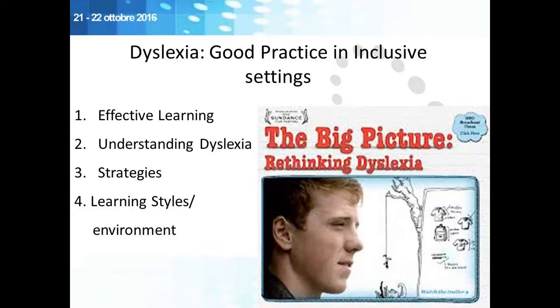The second point I want to make is I want to show you some examples of a conceptual understanding of dyslexia. What is dyslexia? What are the core points in dyslexia? Thirdly, I would like to look at some strategies and some programs which I feel are probably some of the better ones for dyslexia. And the last point I want to make is about the learner.